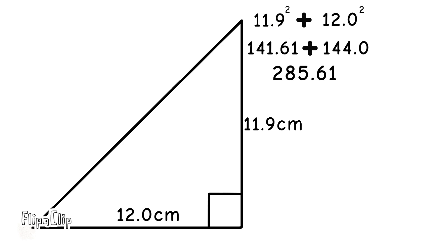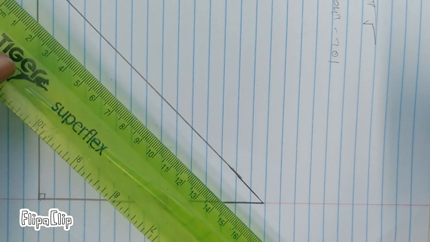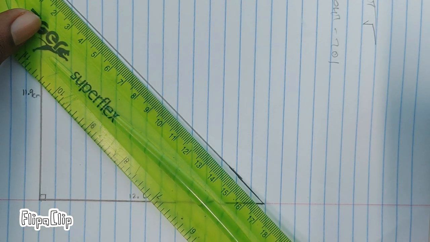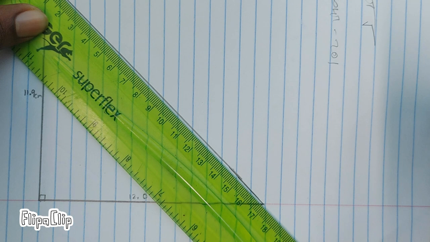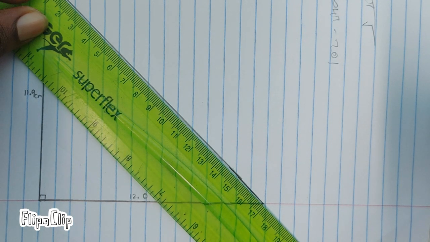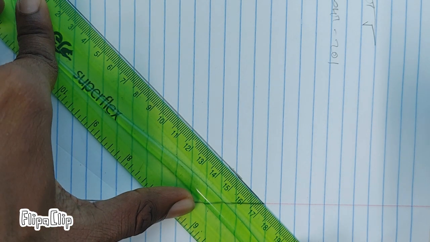Now, if what I said previously is correct, if I measure the length of the hypotenuse of this shape, then square its value, I should also get the same 285.61. So, as you can see, using the ruler to measure the length of its hypotenuse, I get 16.9 centimeters.